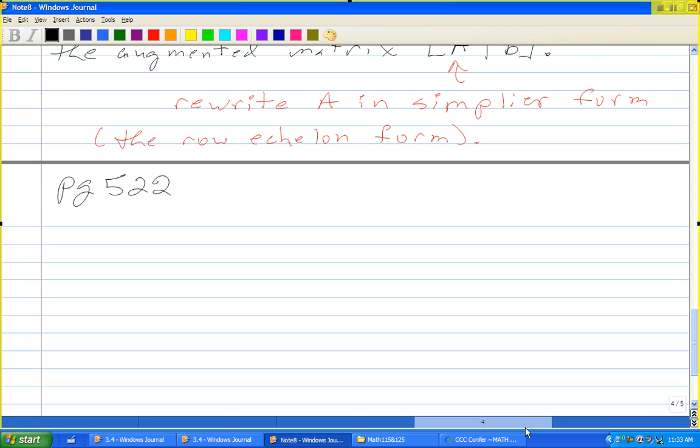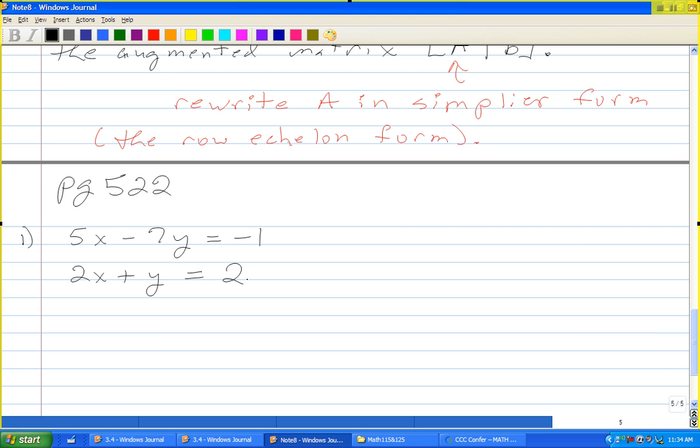So let me do, let's say, problem number 1. In exercises 1 through 10, write the augmented matrix representing the system. And so I have here 5x minus 7y equals -1, 2x plus y equals 2.